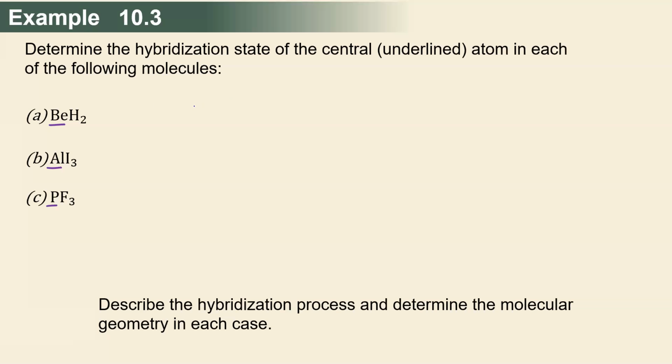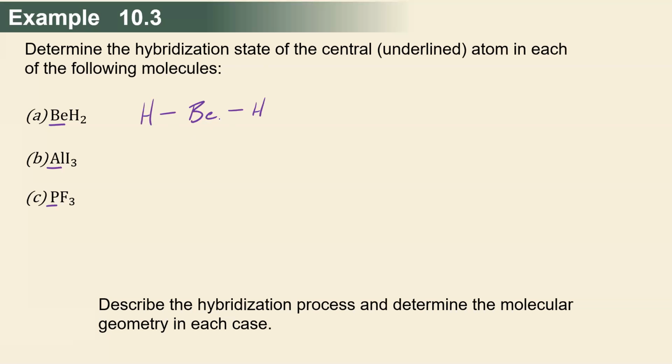And so, to do this the right way, we should draw some Lewis structures. Beryllium dihydride, that's this first one. Beryllium has 2 valence, each hydrogen has 1, so it's a total of 4 valence. Well, there we go, that's it.